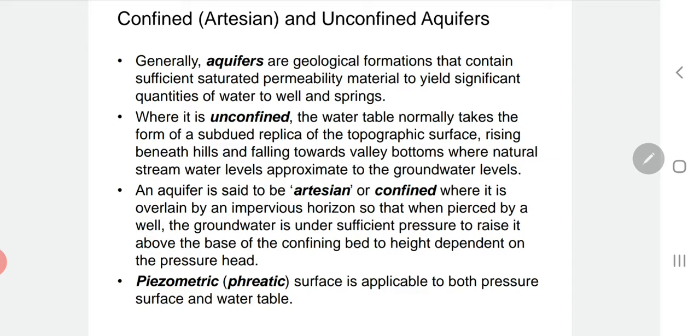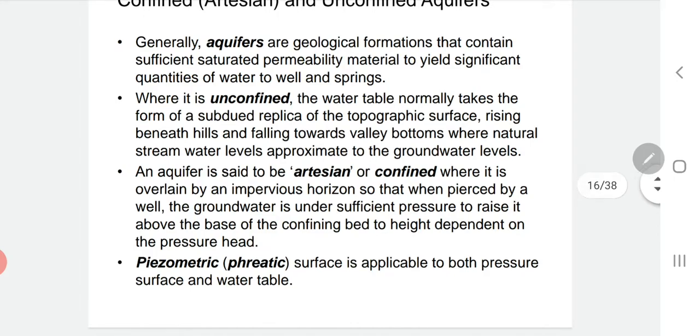Okay, if you have an unconfined aquifer, the water table normally takes the form of a subdued replica of the topographic surface, rising beneath hills and falling towards valley bottoms, where natural stream water level approximates the groundwater level.